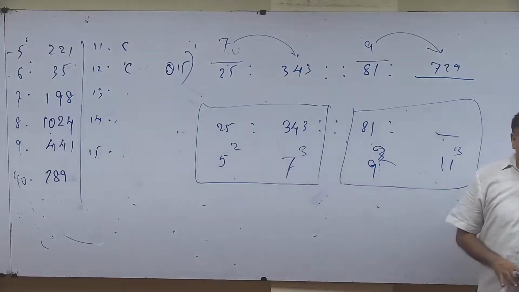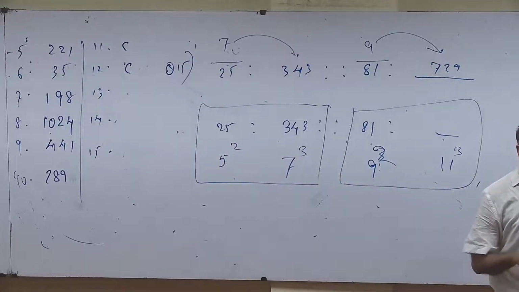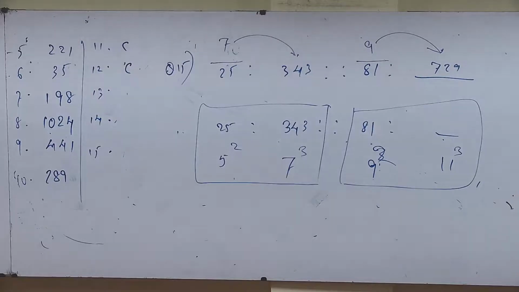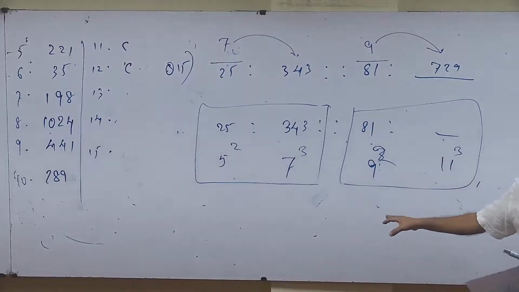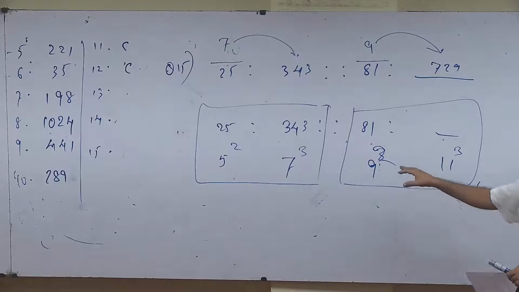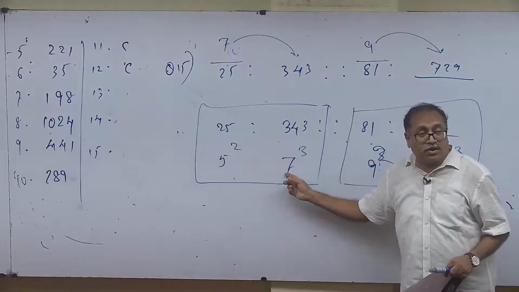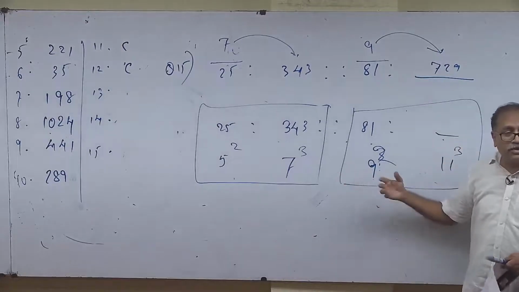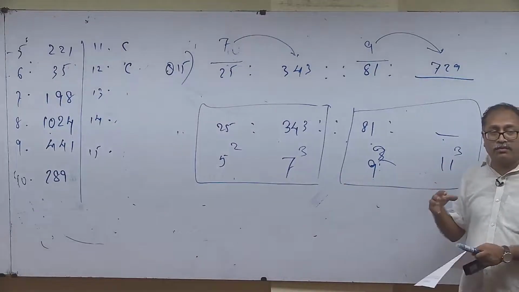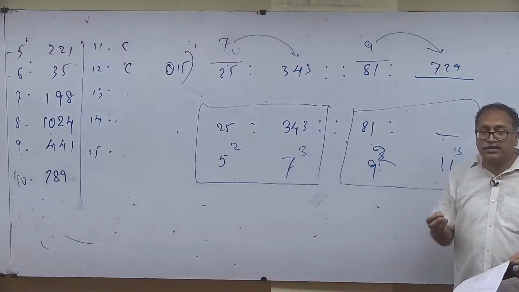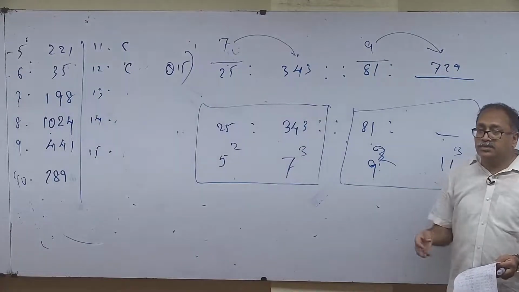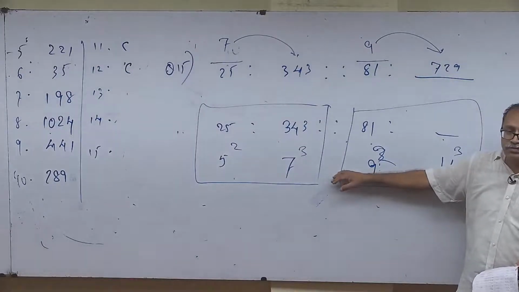Do you think it's accidental? So many accidental positions will not be there. Everywhere you are taking the odd number, the next odd, this odd number square, this odd number cube, this odd number square, and the consecutive odd number cube. It could not be accidental. It seems that it is the arranged one.